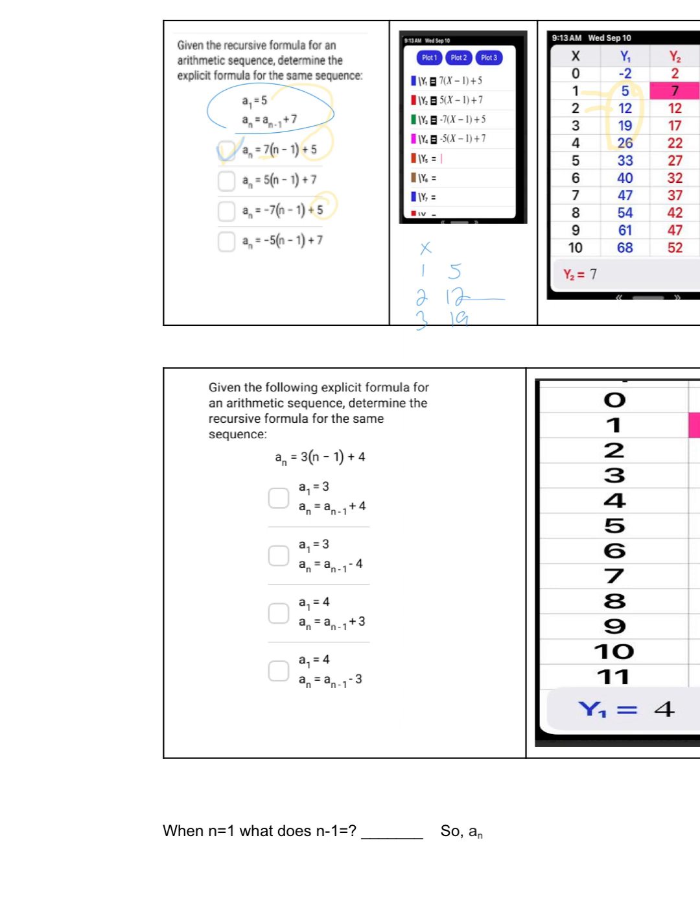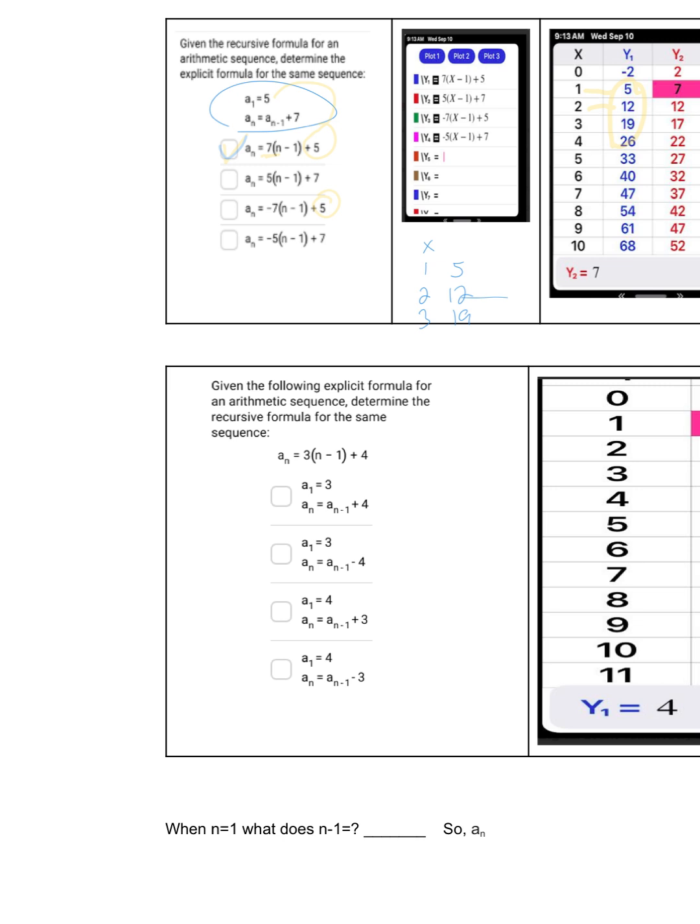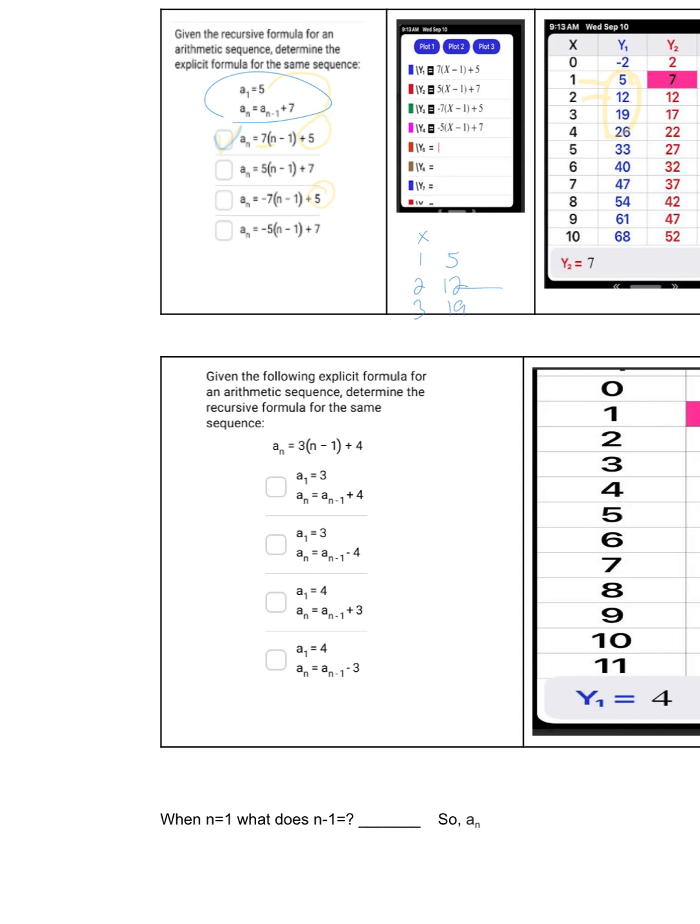And what you can do is, when n equals 1, what is 1 minus 1? 0. So a sub n for this equation would equal 4, the first term, because 0 times 3 is just 0.